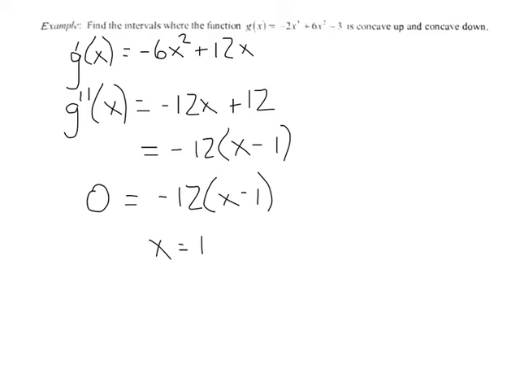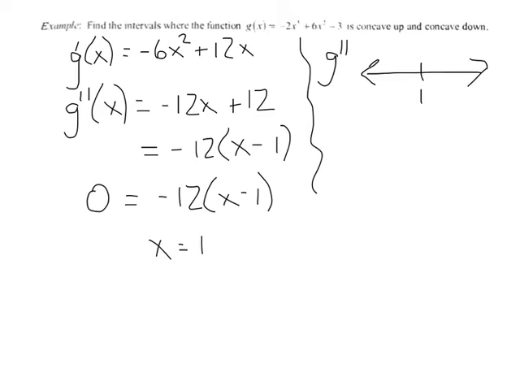Okay, so we kind of know the cutoff point now. We know where it might change concavity. Now we just want to kind of make sure that it does work out. So that's kind of a separate set of work here. We're going to make a sign chart for the second derivative. Our point that we're interested in is positive 1. And so if I plug in maybe a value of 2, figure out what the second derivative will be over here.